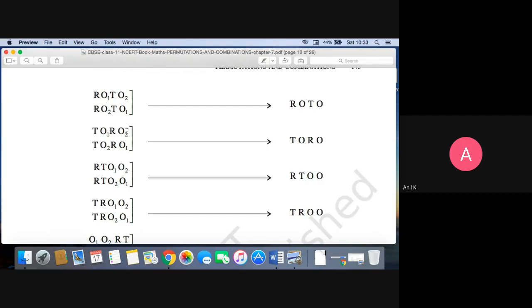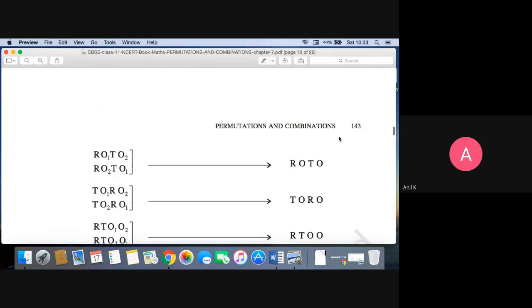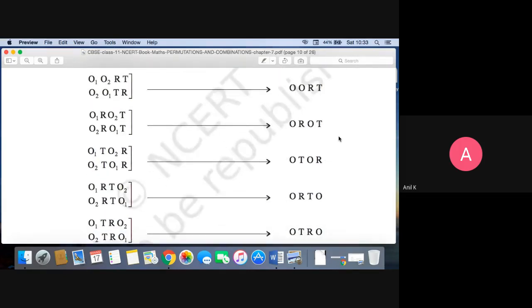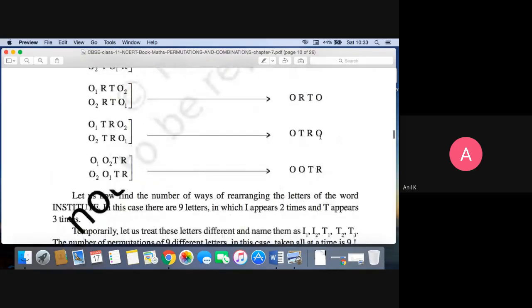Are you understanding what I mean to say? So these are the few words which you have to make, where they eventually end up the same, and it doesn't matter whether you put the first O, second O, or second O, first O. The order of the O's does not make any difference.